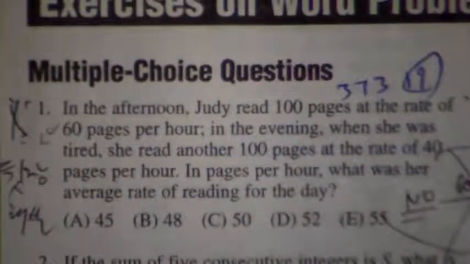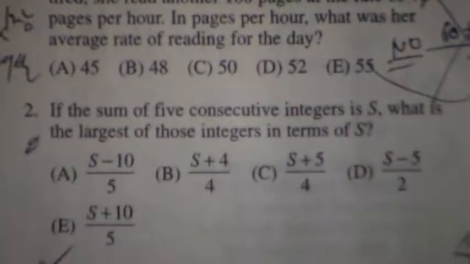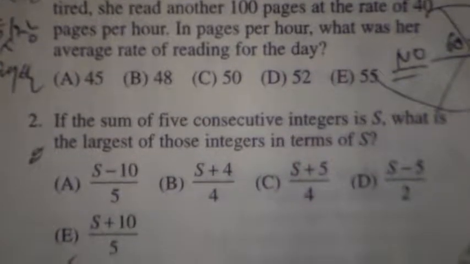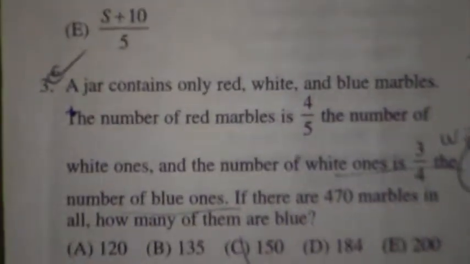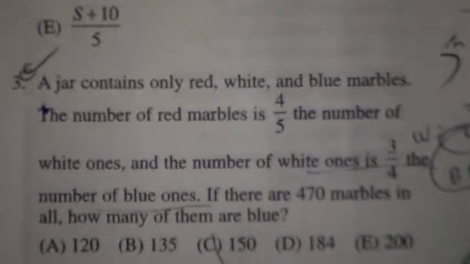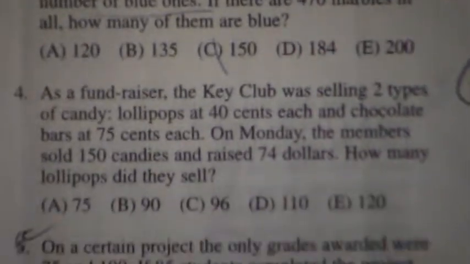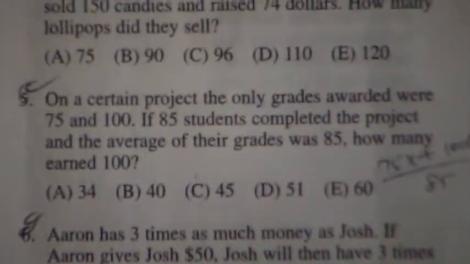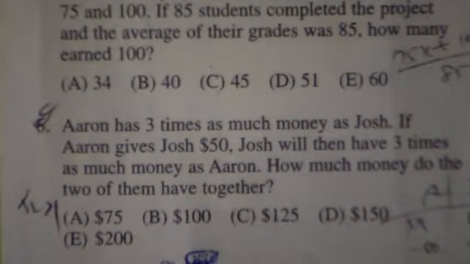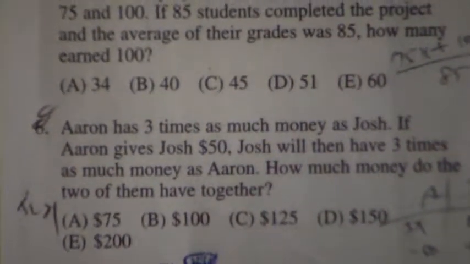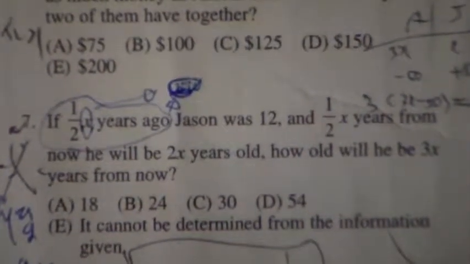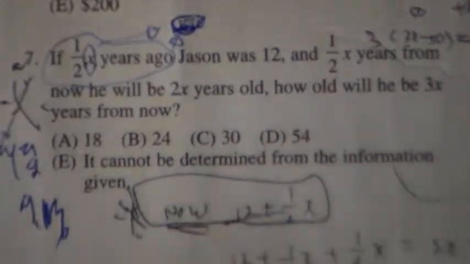Example 1, and 2, and 3, and I'm gonna have 6, 7, and 8.